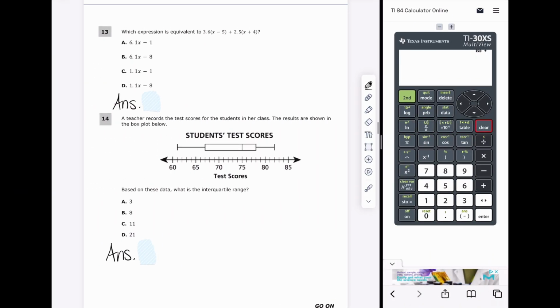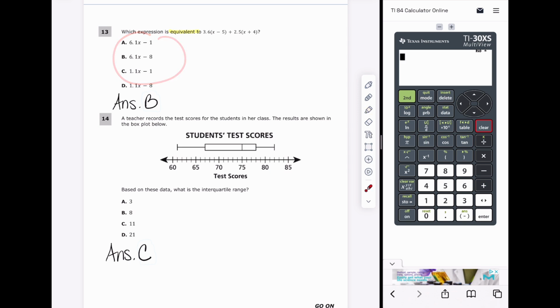We have 13 and 14. The answers are B and C. Check off with your work and we'll break it down. With the first one, you want to know which expression is equivalent. So again, I see this long expression and I want to find out which one would match something like this.